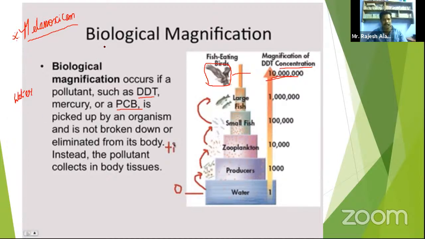So if biomagnification has to take place, the chemical should be fat soluble. Then only, if diclofenac or else PCB is entering into a fish species, what kind of excretory system is taking place in aquatic organisms, sir?